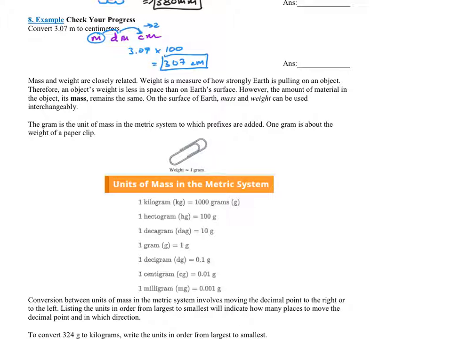However, the amount of material in the object, which is called its mass, remains the same. So on Earth's surface, mass and weight can be used interchangeably, but anywhere other than Earth, it's not the same. It says the gram is the unit of mass in the metric system, to which prefixes are added. 1 gram is about the weight of 1 paperclip.